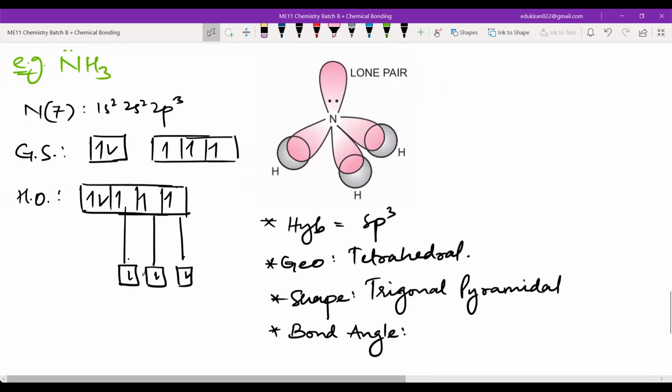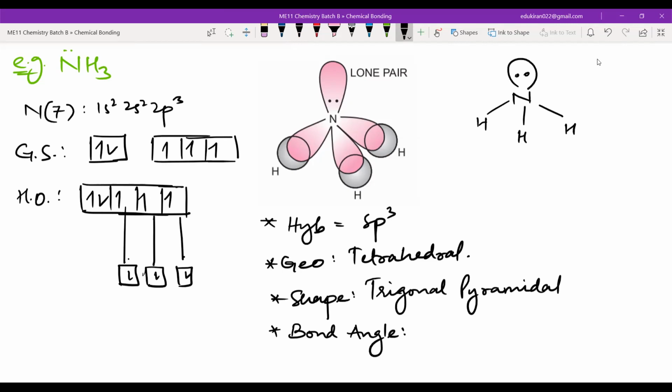Now let us talk about the bond angle here. In the VSEPR theory, I did write the order of repulsion for bond pairs and lone pairs. We wrote that, correct? Lone pair repulsion will be highest: lone pair, lone pair higher than lone pair, bond pair, higher than bond pair. So we have nitrogen, and it has 3 bonds like this, and it has 1 lone pair like this.